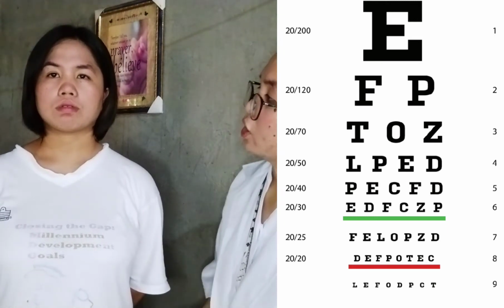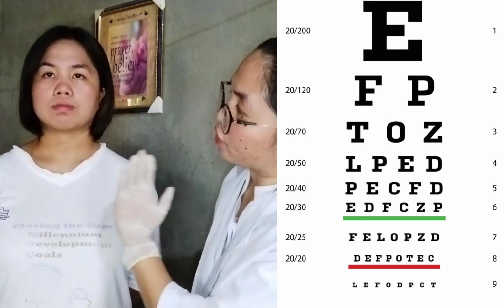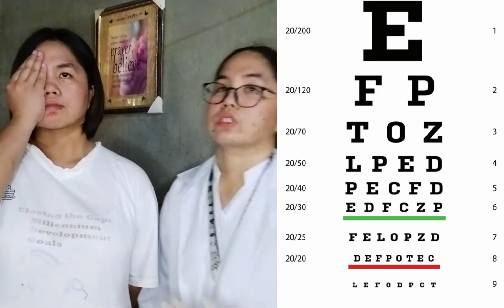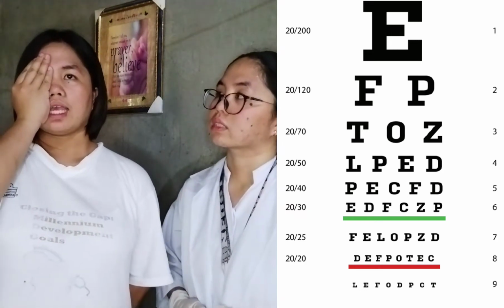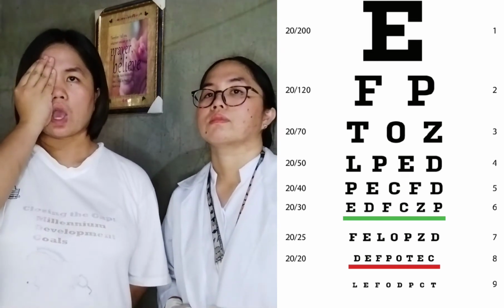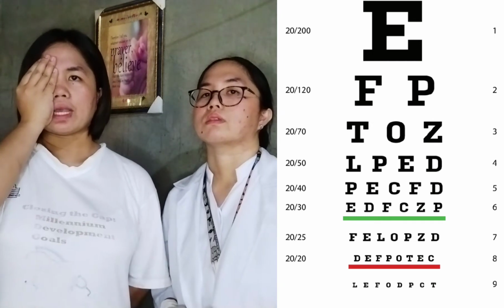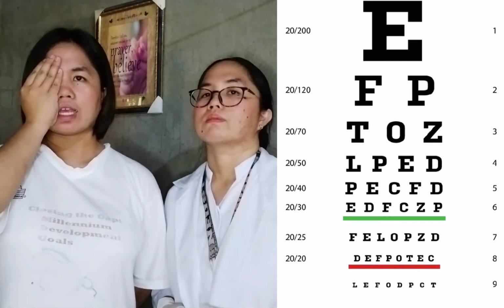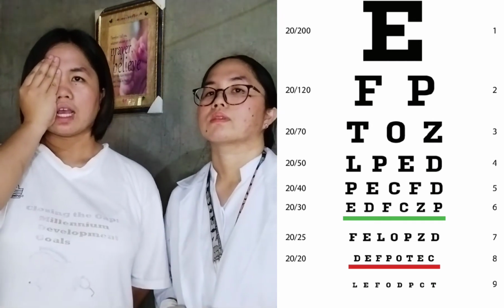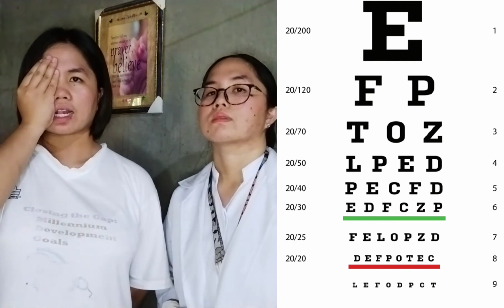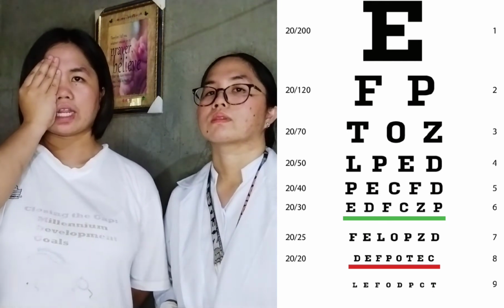Okay. Can you close the right side of your eye for me? And read again the chart. E F P T O Z L P E D F E C F D. I can't read the other line.